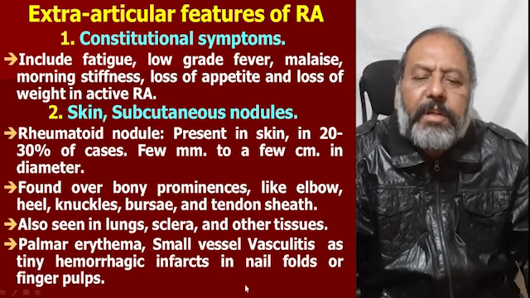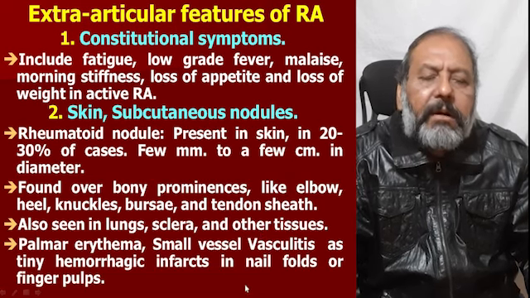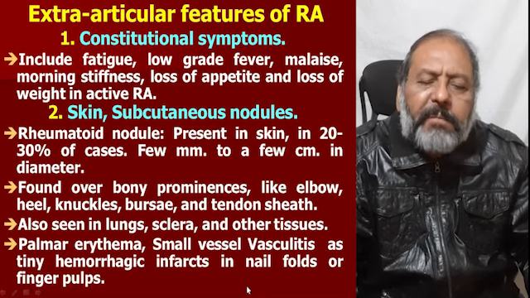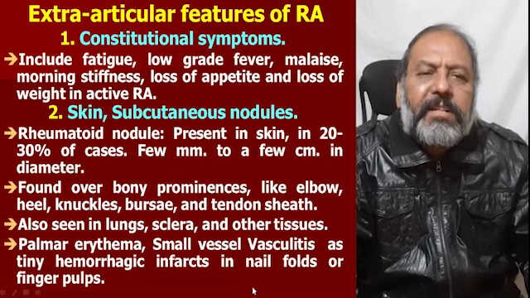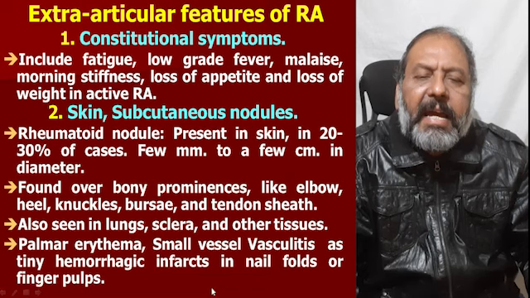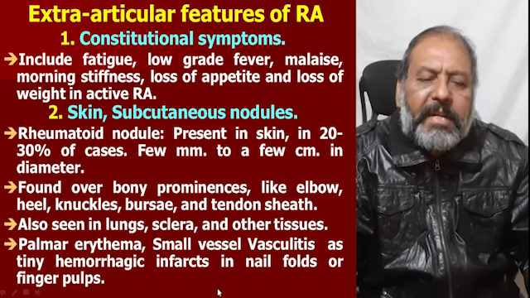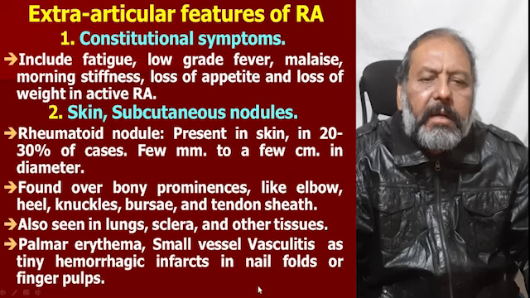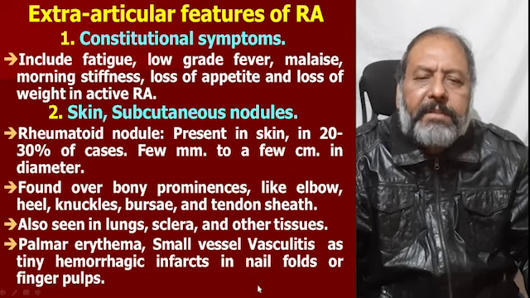These are also seen in the lungs, sclera, and other tissues. Sometimes palmar erythema, small vessel vasculitis, such as tiny hemorrhagic infarcts in the nail folds of the finger pulp, are also seen as manifestations of the skin.